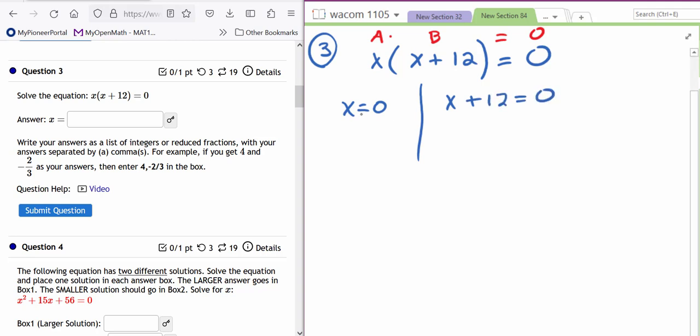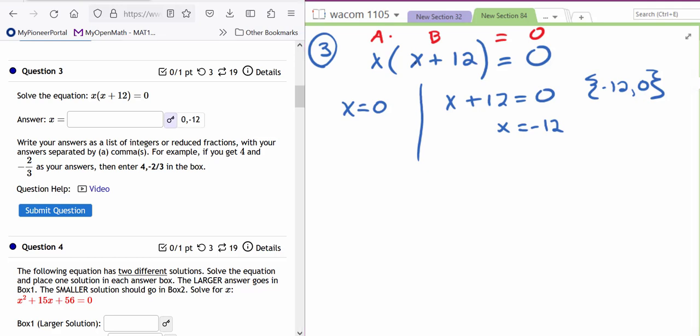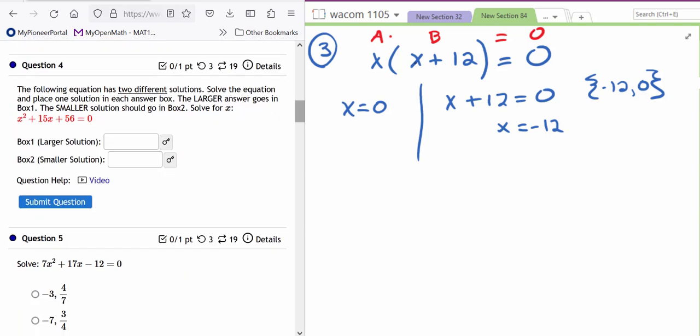So the first one is actually already solved. So 0 is fine. 0 is an answer. That's one of the numbers. And this one we will subtract 12. So negative 12 and 0 are our answers. If it was multiplied, it would be x squared. So we should get 2 answers. Most of the time you get 2 answers. There's one case where you don't. All right.